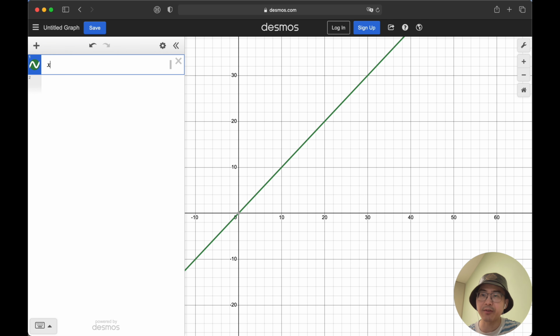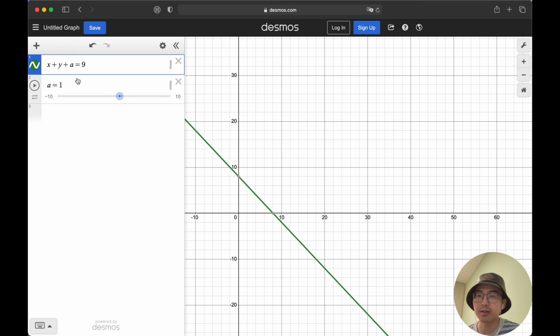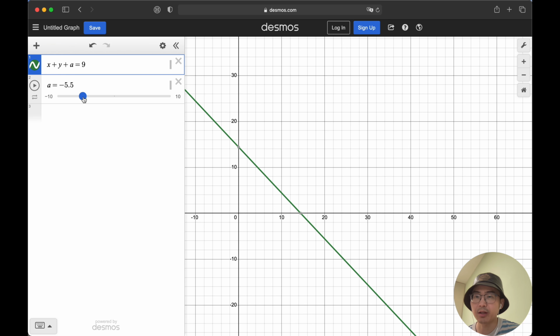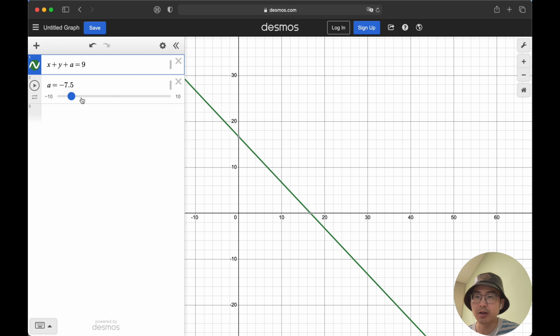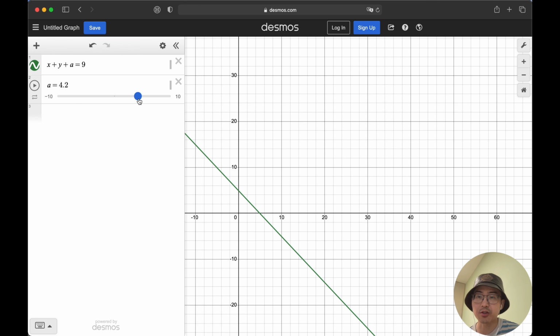For example, I have x plus y plus a equals 9. Okay, so here you see it pops up "add slider". If I click on this, I have a button which I can move around. That gives different values for a, and with different values of a, the graph for the function you input will also change, right?